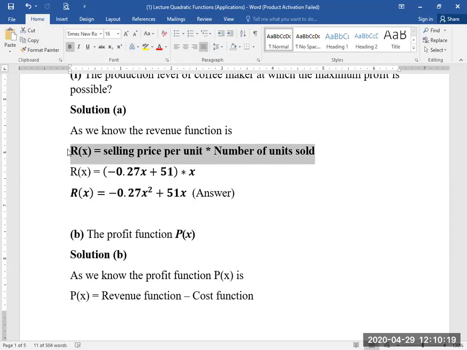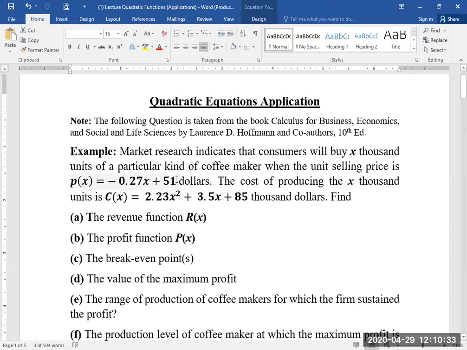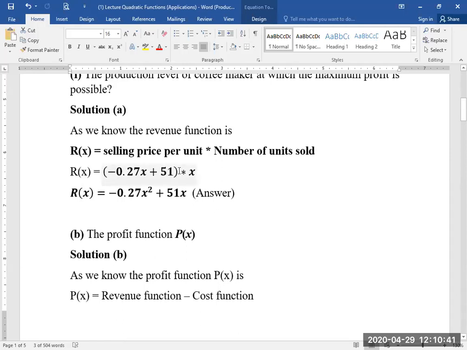If we assume the firm manufactured and sold x thousand units, then we substitute the selling price function, which is given in the example: minus 0.27x plus 51, multiplied by the level of production manufactured and sold, x thousand. Then we just multiply, and we will get the revenue function.